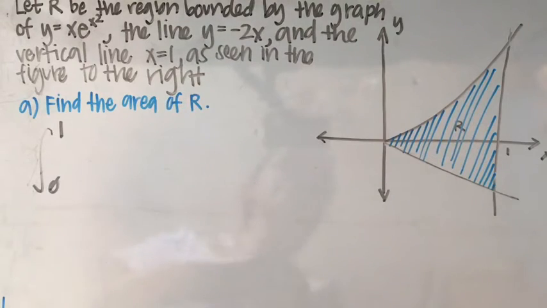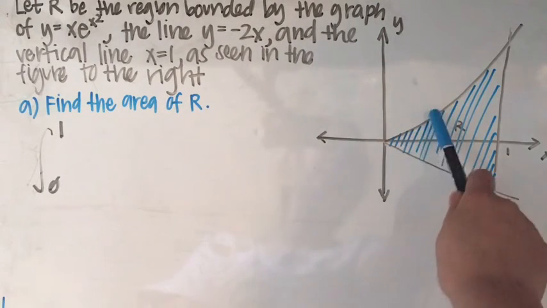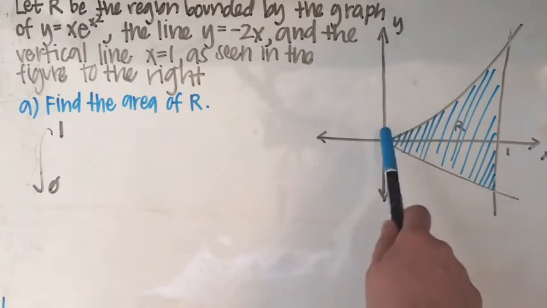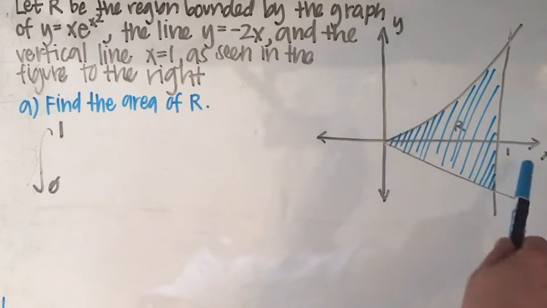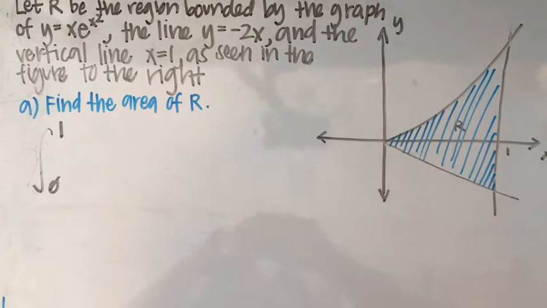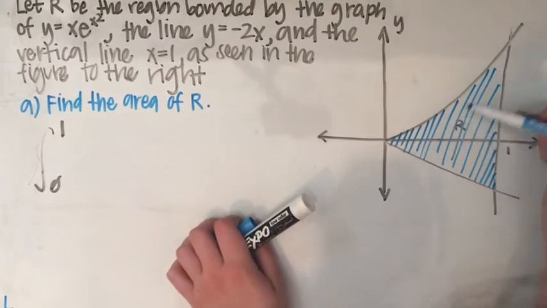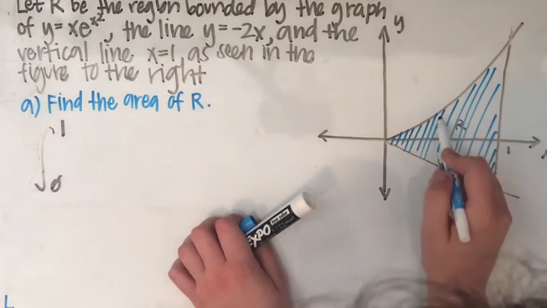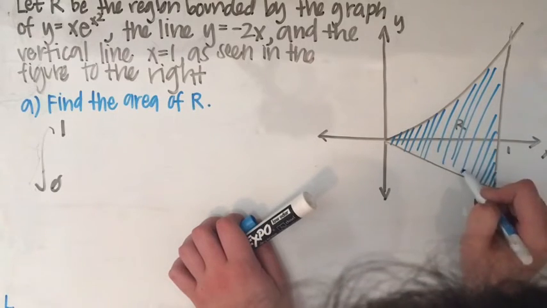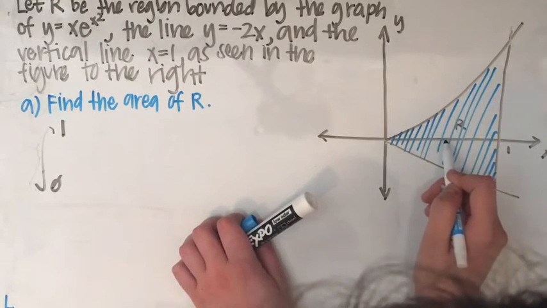Find this area. We want to know the distance measured by dx, right? So in order to find the area of each little tiny sliver, we need to know the height of that sliver and then the change in x.